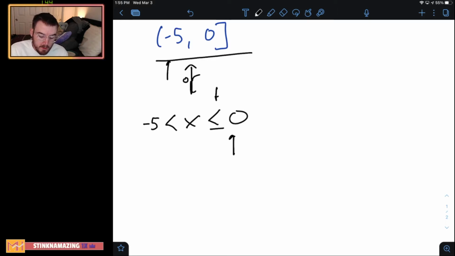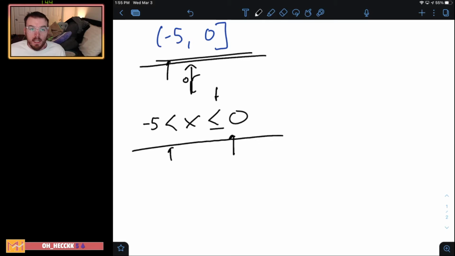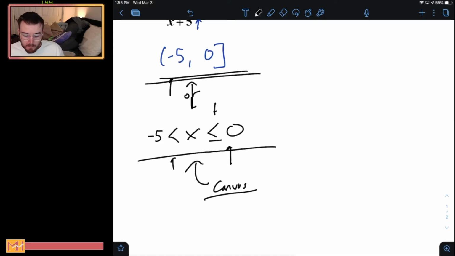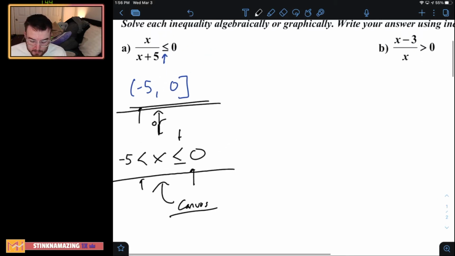But it has to be bigger than -5, right? So it's trapped between -5 and 0. So these two things mean the same thing. I will give you a fair warning though, this is how it's written on Canvas, okay? But hopefully you realize that those two things mean the same thing.